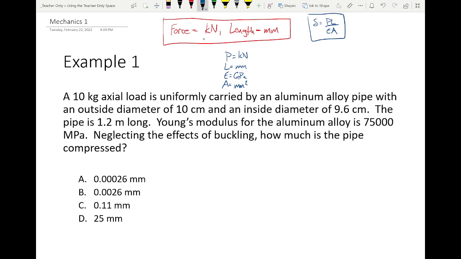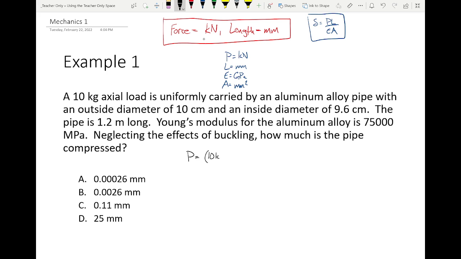Now, let's first start off with the applied load. I have a 10 kilogram axial load uniformly carried by an aluminum pipe. What's the problem there? That's a mass. If we're talking about a pipe supporting a mass, what do I need to do to convert that to a force? And that acceleration would be?